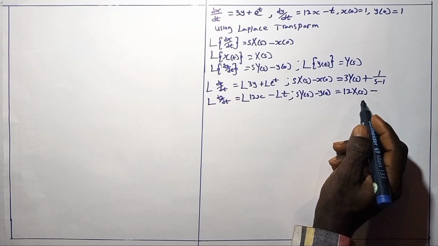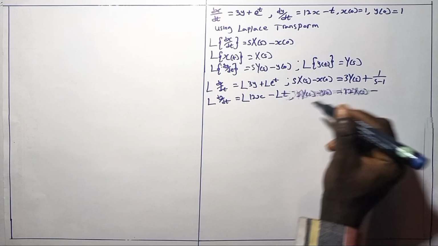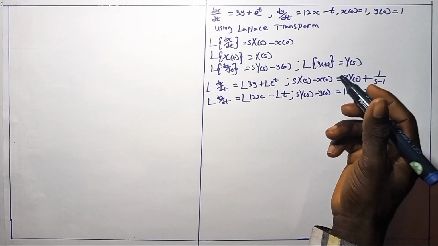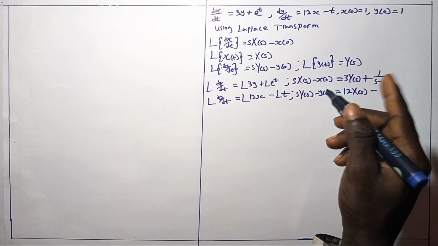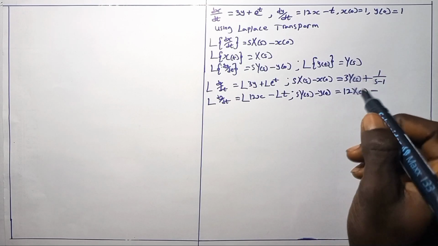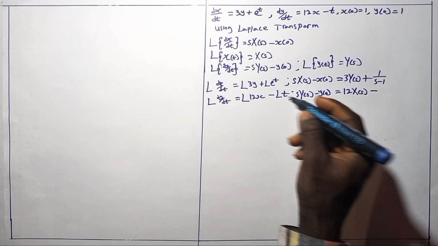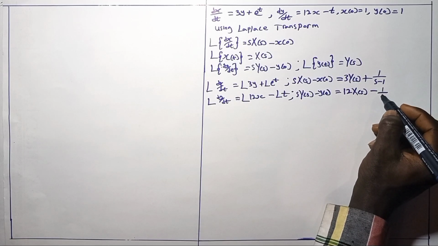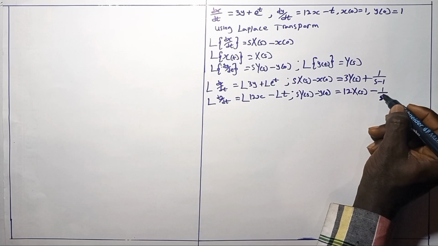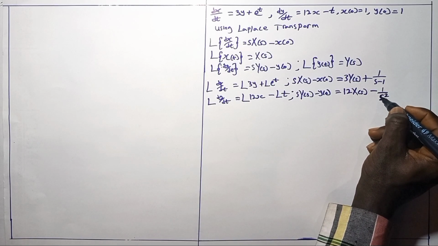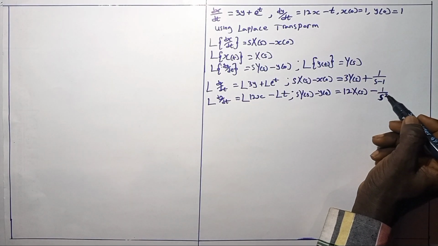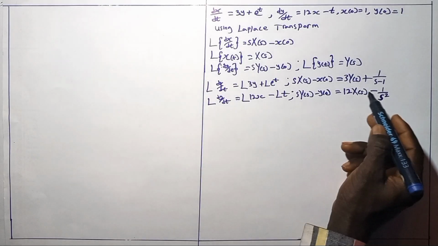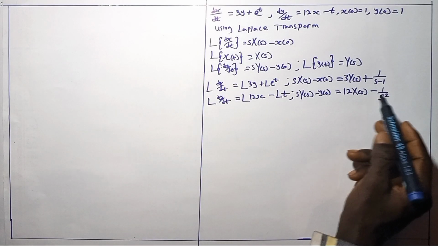Now you know that the standard Laplace of t^n is always n factorial over s^(n+1), so Laplace of t will give us 1 over s squared. Please don't forget, these are s, not 5. They are the s domain.